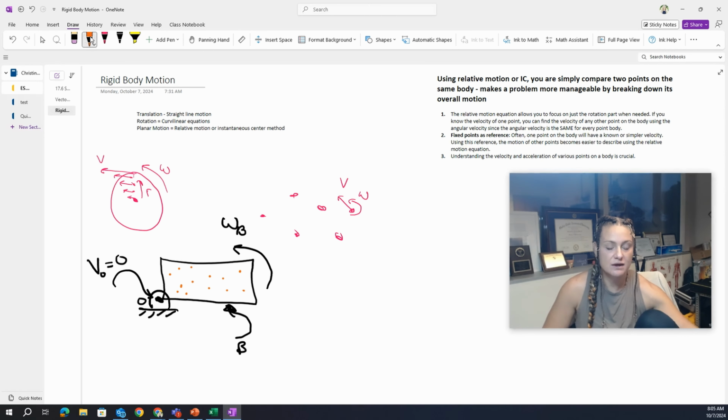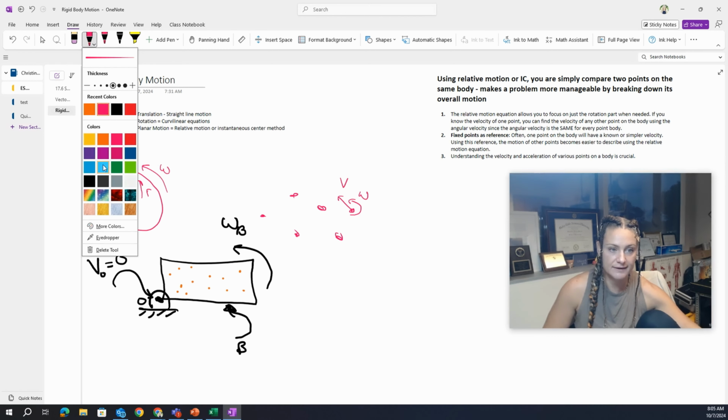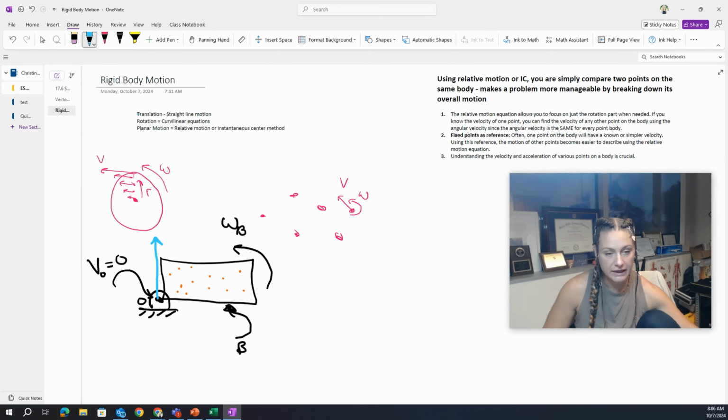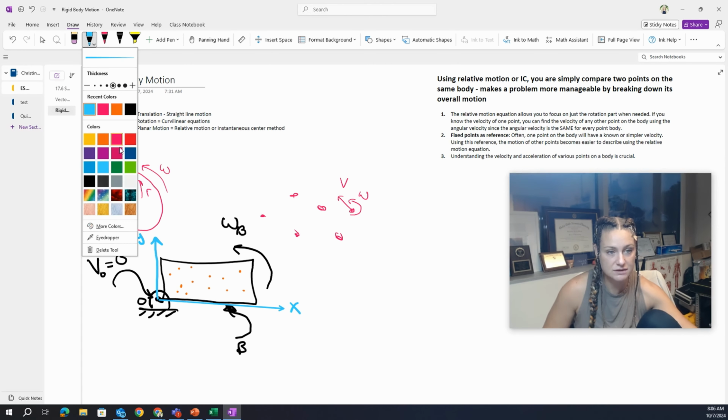Now, since this point is not rotating or anything like that, I can make it a reference frame. It's an inertial reference frame because it is not translating or rotating. So this is my X, this is my Y, and I can locate a few different points.